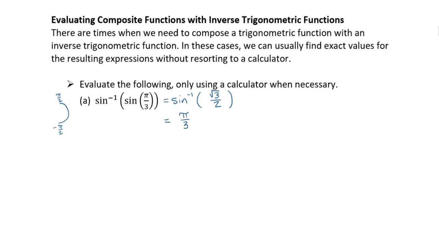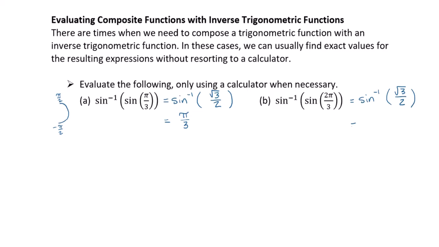Now, it would almost seem like we just cancel out the inverse sine and the sine, but that's not the case. Let's look at some other problems to show that. Inverse sine of the sine of 2 pi over 3. Again, I can work on the inner set of parentheses. The sine of 2 pi over 3 is the square root of 3 over 2.